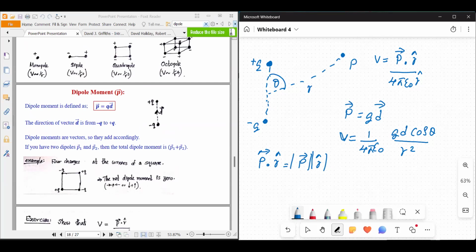So the dipole moment will have the direction of the direction vector. The direction vector is here, therefore the dipole moment will also be in this direction, and the angle between the dipole moment vector and the r vector is theta. So p dot r is equal to magnitude of p, magnitude of r cos theta.